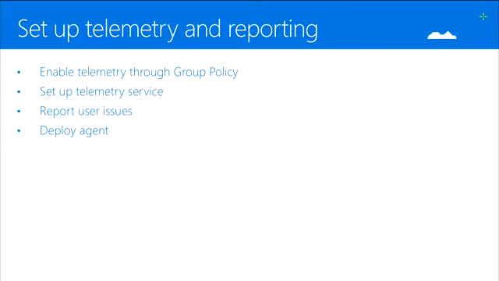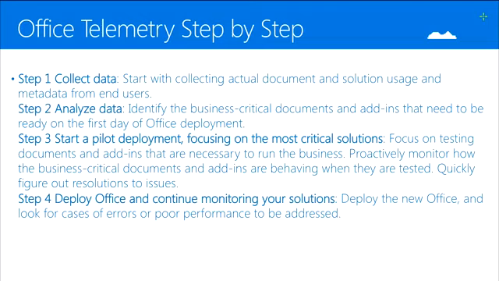Again, you can enable this through group policy. You can set up the telemetry service, and you can then view any potential reports afterwards. If you plan to do the exam, take a look at some of the TechNet articles here. They're actually very, very useful.